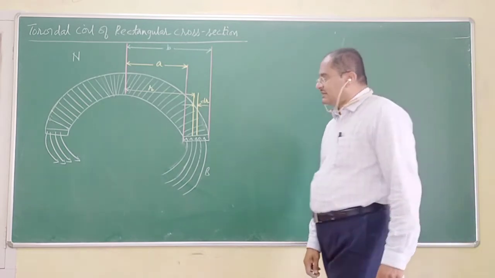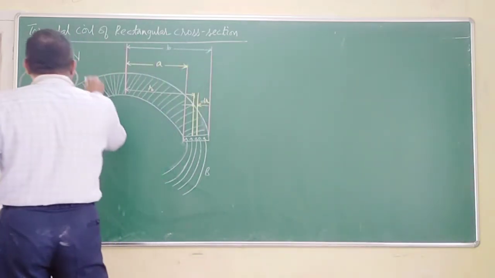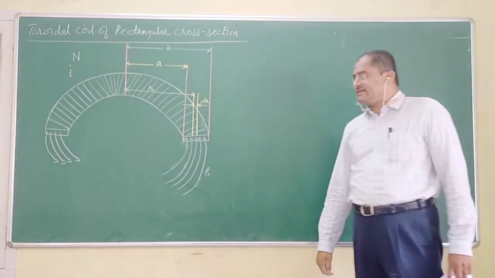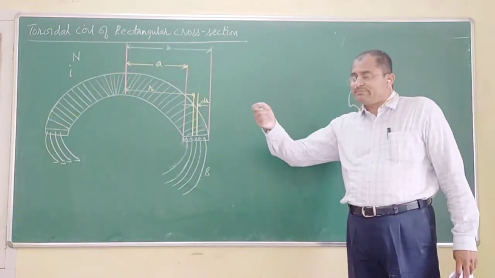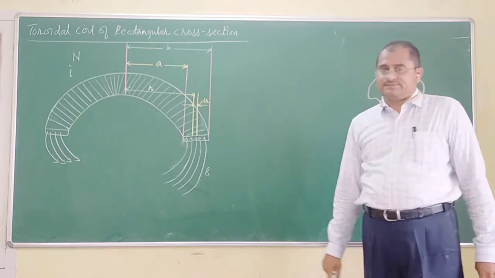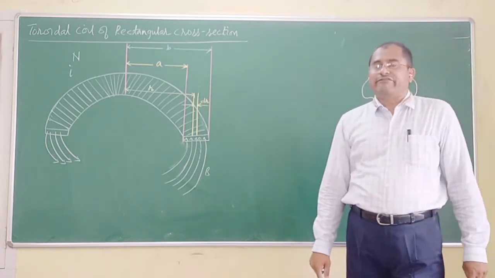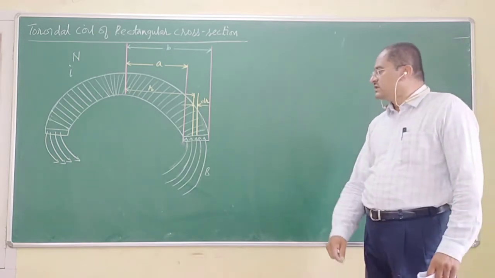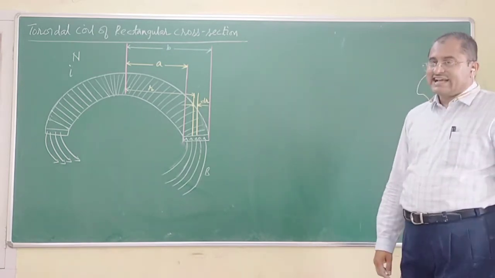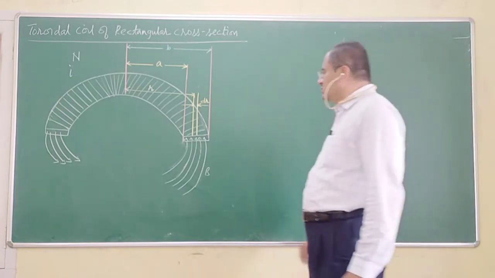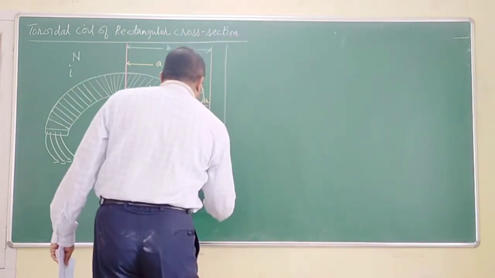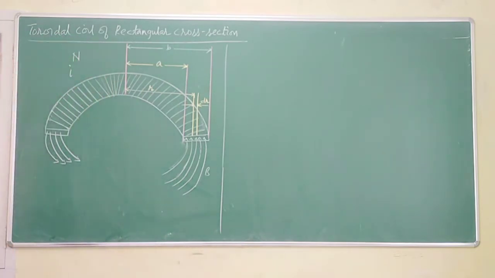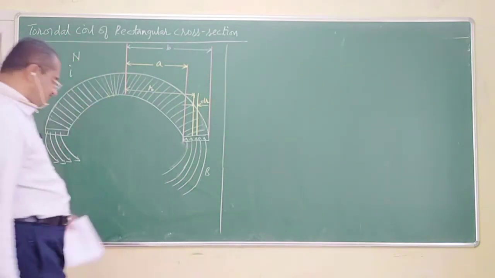Let the current flowing through its windings be I. So we use Ampere's circuital law to determine the value of the coefficient of self-inductance of this rectangular toroid.